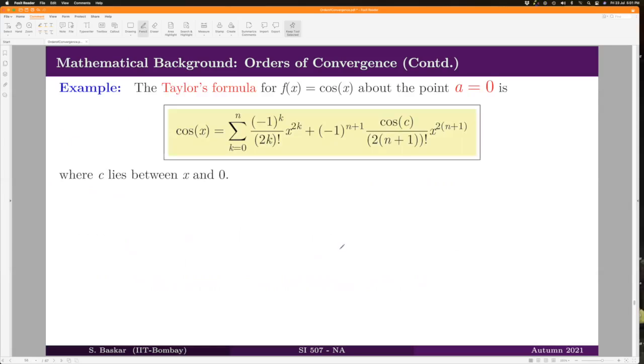Let us now go back to our previous example discussed in our last class on Taylor formula for cos x about the point a equal to 0. If you recall, we have the Taylor polynomial for cos x of degree 2n given by this, and the remainder has been taken in this form.